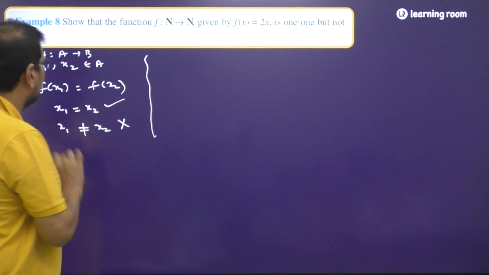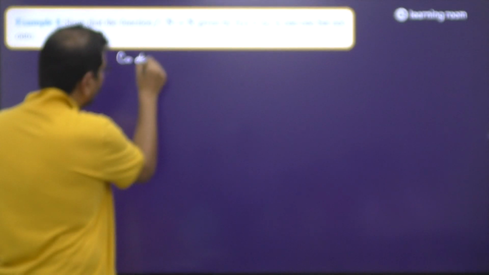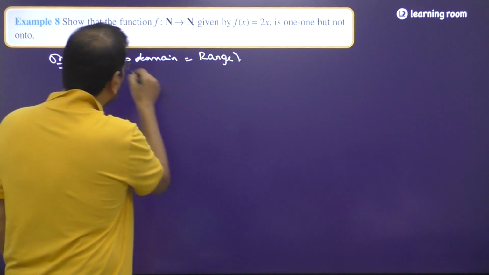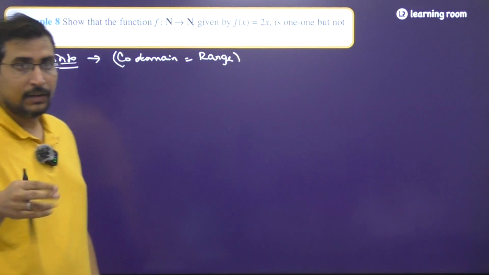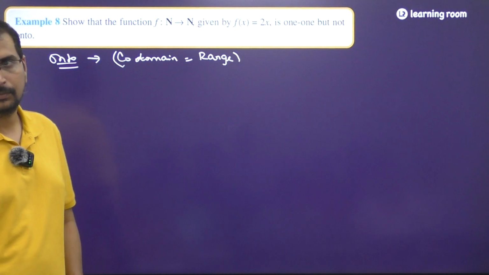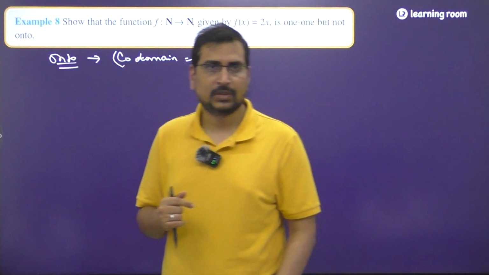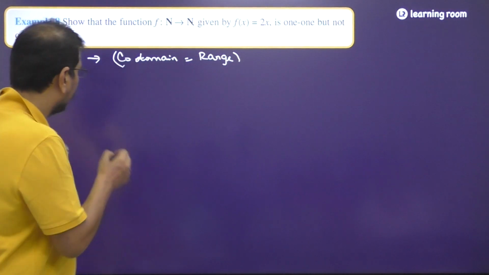So the next question. For onto function, what is it that we need to do? For onto function, codomain should be equal to range, meaning all the elements in the codomain set should have a pre-image associated. But what are the steps to be proven? What are the steps we follow? Yeah, tell me. Very good.